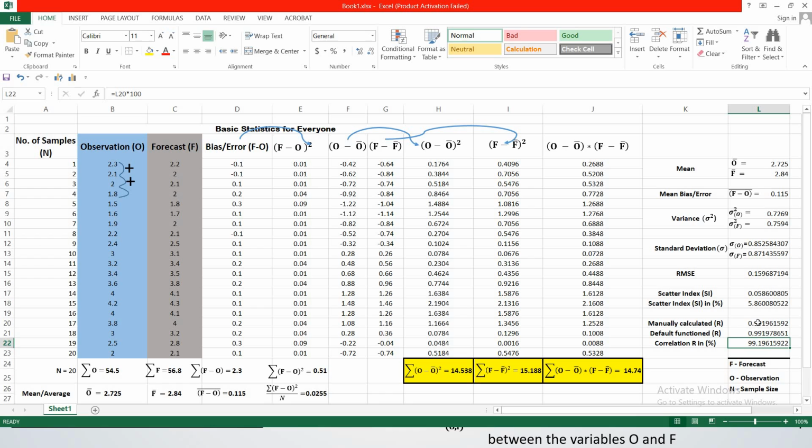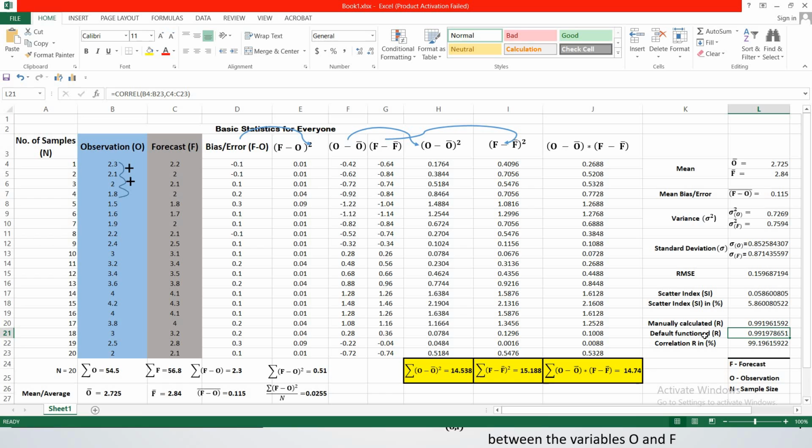If I multiply that value by 100, since the correlation is 0.99, I'll get 99.19. So there is a strong correlation between these two data sets: 99.19 percent of correlation exists between the observation and forecasted data, right? This is how we represent the correlation in terms of percentage.